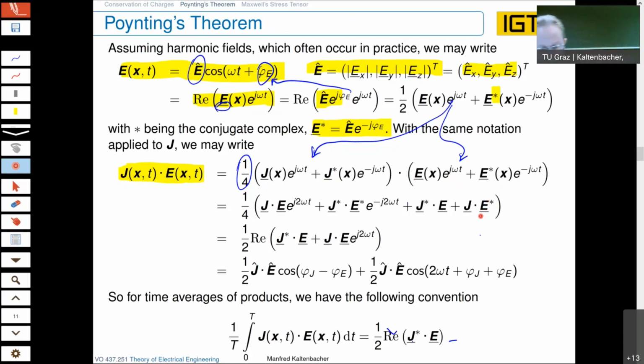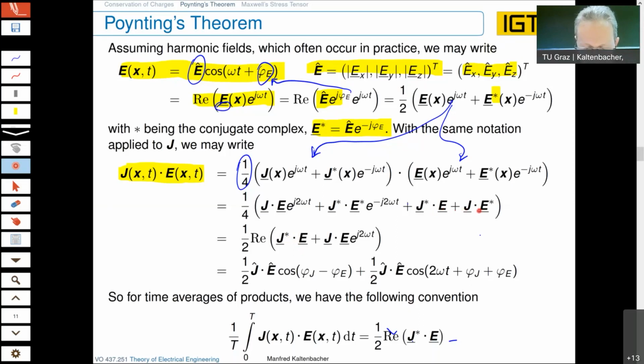And we have the part with j and e complex conjugate, and you get this value here. Okay, so in this sense, we can combine it and write it as 1/2 of the real part of j complex conjugate dot product with e. So these are the parts as shown here.